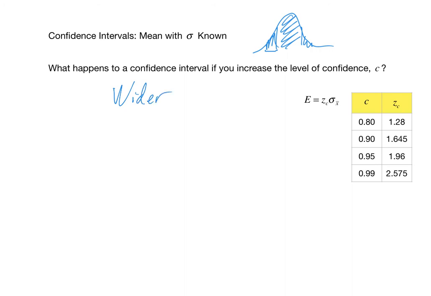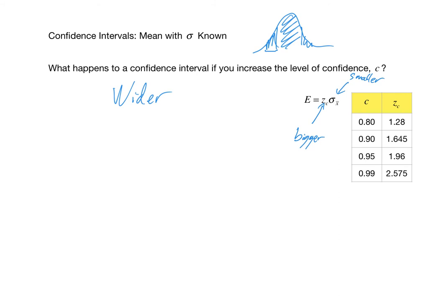So you might be thinking, well, is there a way that we could possibly increase our level of confidence without having to actually make the interval wider? And the answer is yes. If you're going to make this thing bigger, which is always going to happen, the Z sub C is going to get bigger as C increases, we ultimately need to make this thing smaller to balance it out.